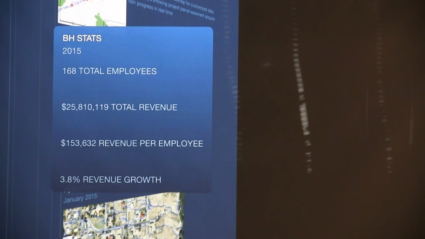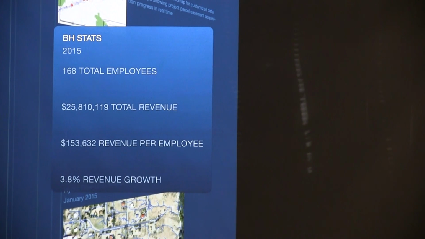2015, 168 employees, $25,153,000 per employee, 3.8% revenue growth. So we're maintaining the size of revenue that we jumped up to. And if you notice, before it was 211 employees and now we have 168.